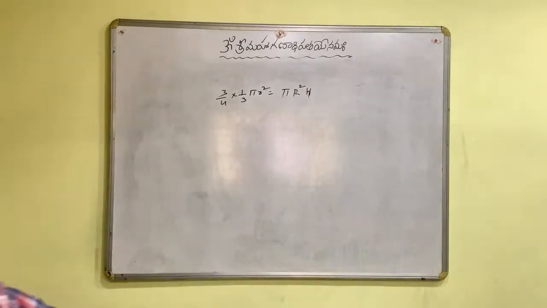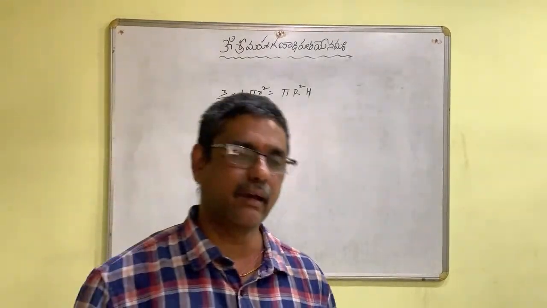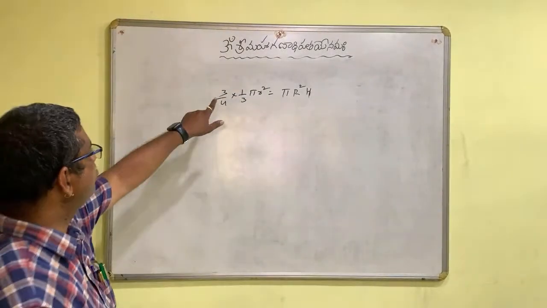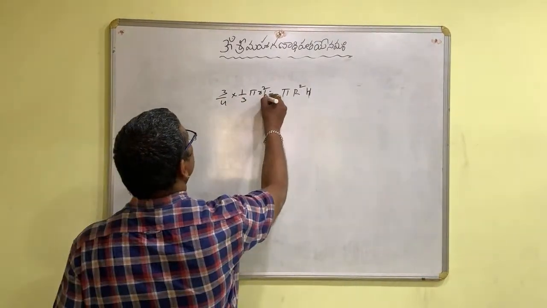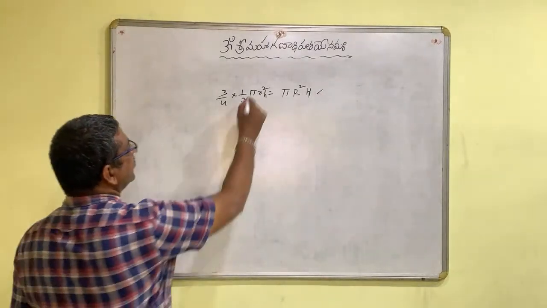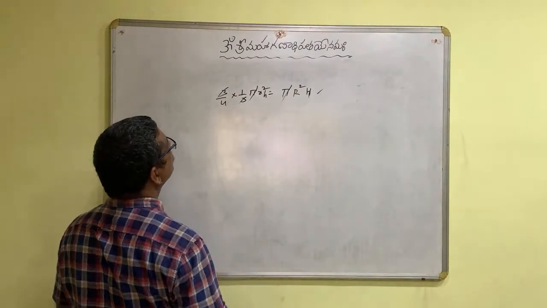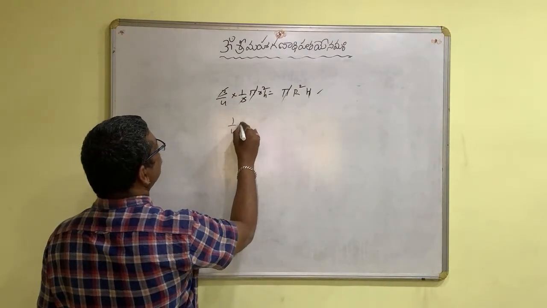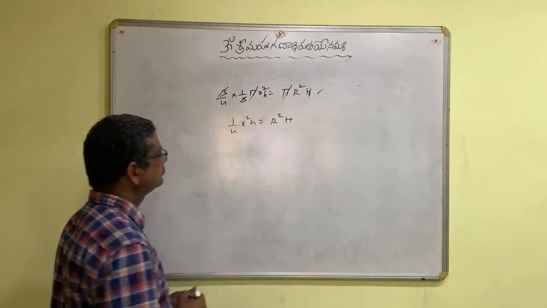That is what you have to understand. 3/4 of the volume of the cone is equal to the volume of the cylinder. Here pi and pi get cancelled, and this 3 also gets cancelled. What is remaining? 1/4 r square h is equal to capital R square h.